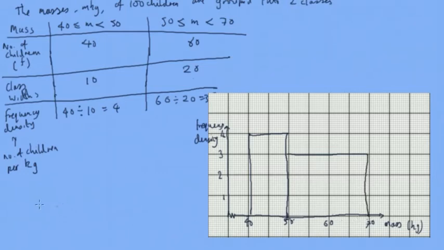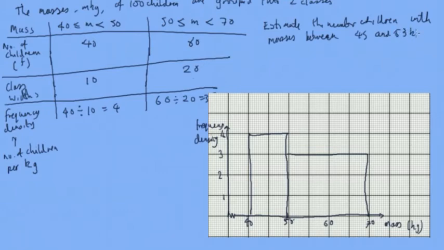Now, what we want to work out is we want to estimate the number of children with masses between 45 and 63 kilograms.